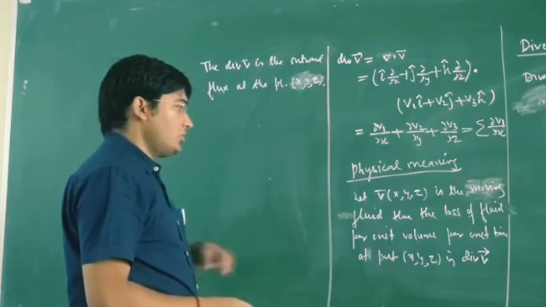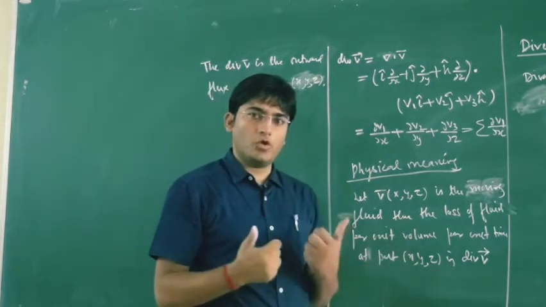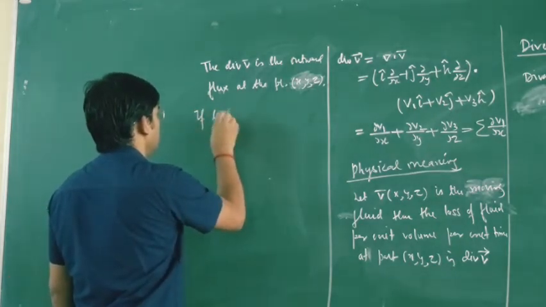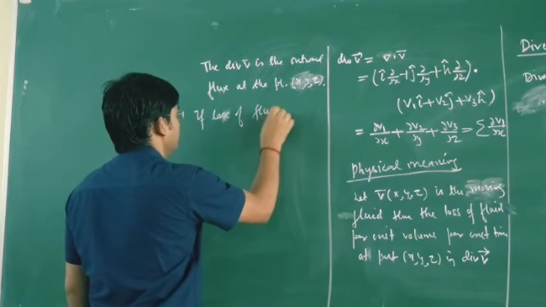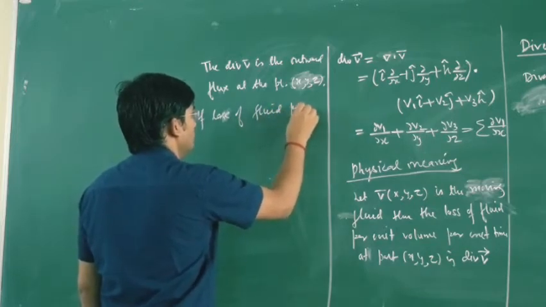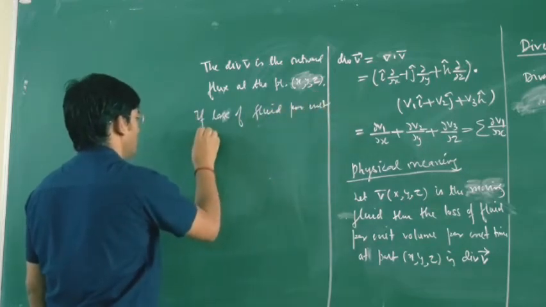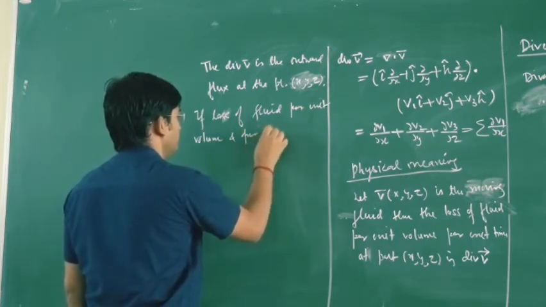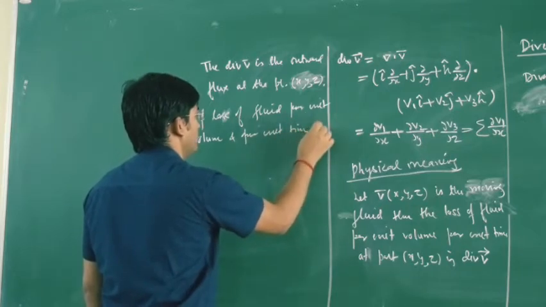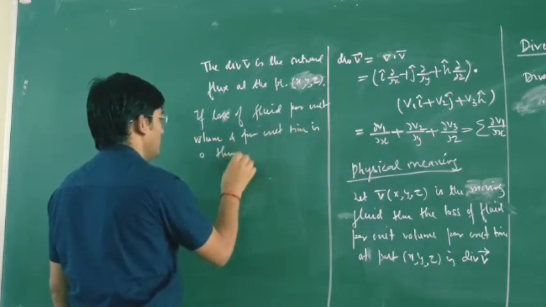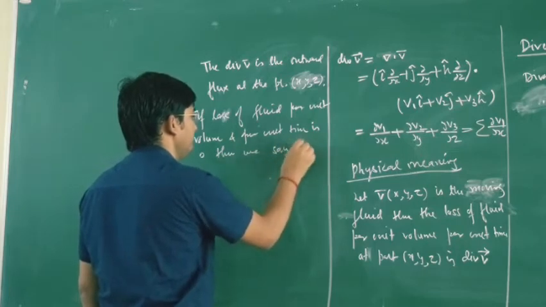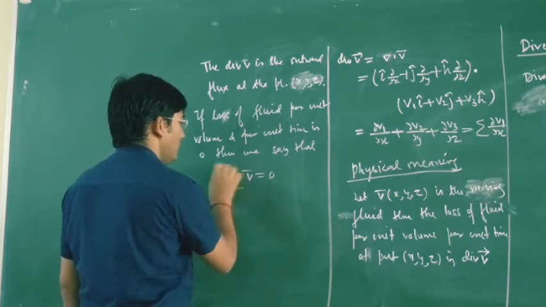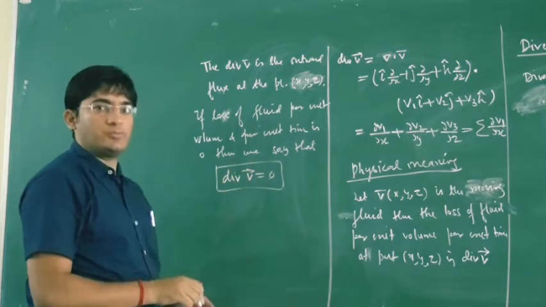Now, if the loss of fluid per unit volume and per unit time is 0, then we say that divergence v is equal to 0.